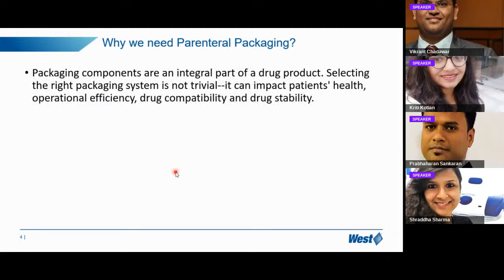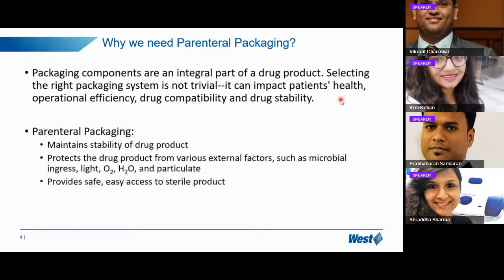So why do we need parenteral packaging? Because you have to carry your drug to a patient. Packaging components are an integral part of the drug product. Selecting the right packaging system is not trivial. It can impact patient's health, operational efficiency, drug compatibility, and drug stability. So why is parenteral packaging so crucial? Because it maintains the stability of the drug product.